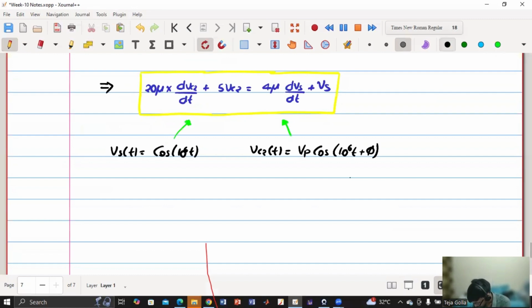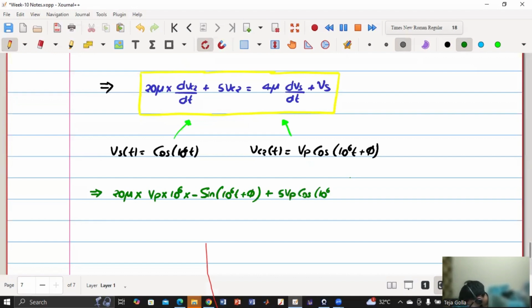So what are we going to get? Stay with me and see if I'm making any mistake. Also solve parallelly. We have Vp into 10 to the power 6 into minus sine (10 to the power 6 t plus 5), plus 5 Vc2, so 5 Vp cos (10 to the power 6 t plus 5).